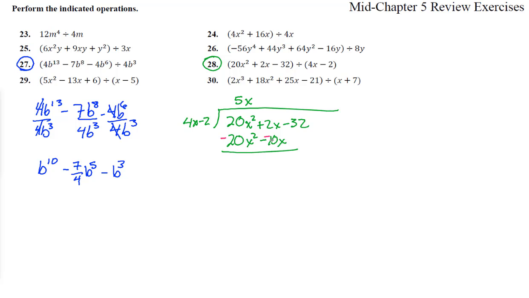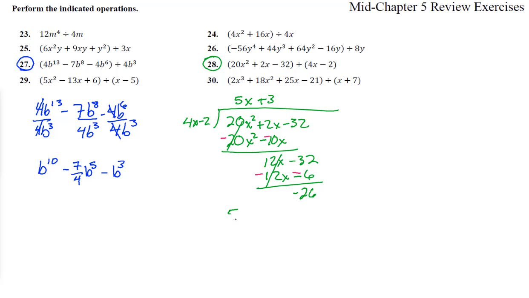and then we can keep going. This cancels, and that's 2 minus a minus 10. That's 2 plus 10. It's 12x minus 32. 4x goes into 12x 3 times. 3 times 4x is 12x minus 6. Again, we subtract both times there, and then we're left with negative 32 minus a minus 6, that's negative 32 plus 6, is a negative 26.